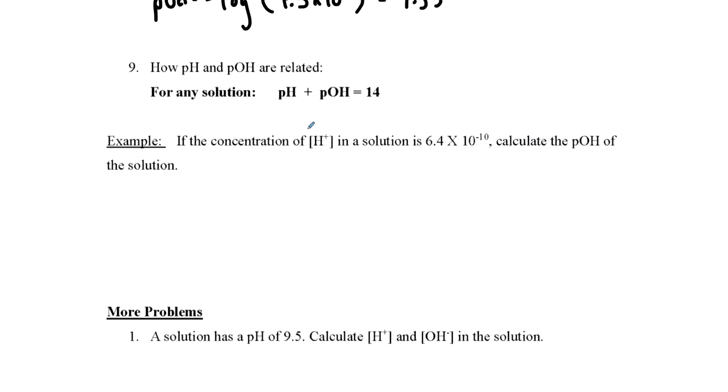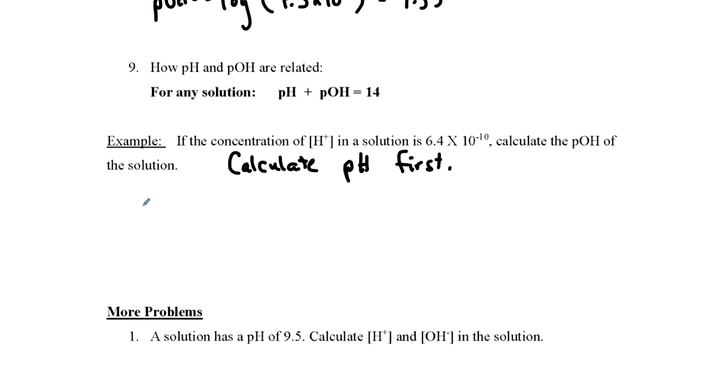Okay, so first of all, what you have to realize here is we're given the H plus ion concentration, not the hydroxide ion concentration. So we will initially have to calculate the pH and from there, then figure out the pOH. So we're going to calculate pH first.